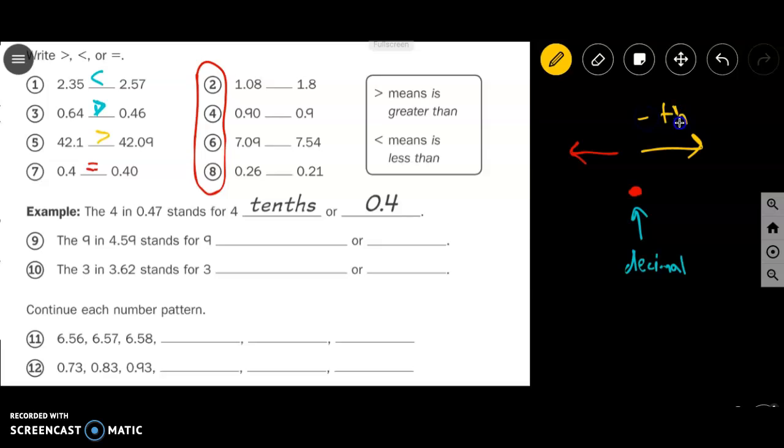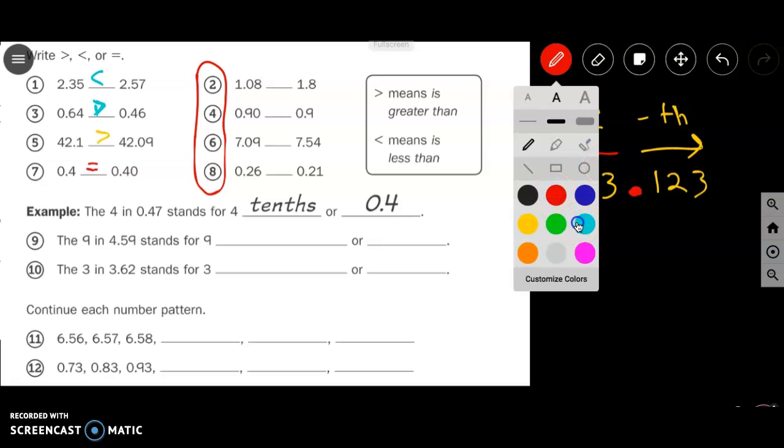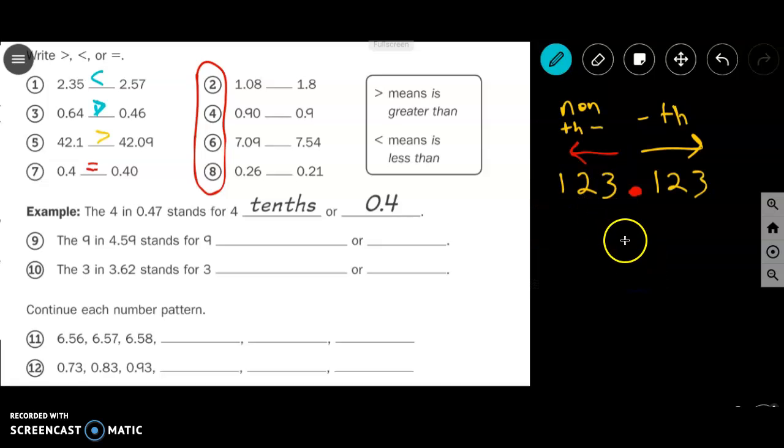So what do I mean by that? So for example, let's say I have 1, 2, 3, and then 1, 2, 3. So I have three numbers to the left of the decimal, and I have three numbers to the right of the decimal. The ones on the left are going to be the non-th words, and the ones to the right are going to be the th words.